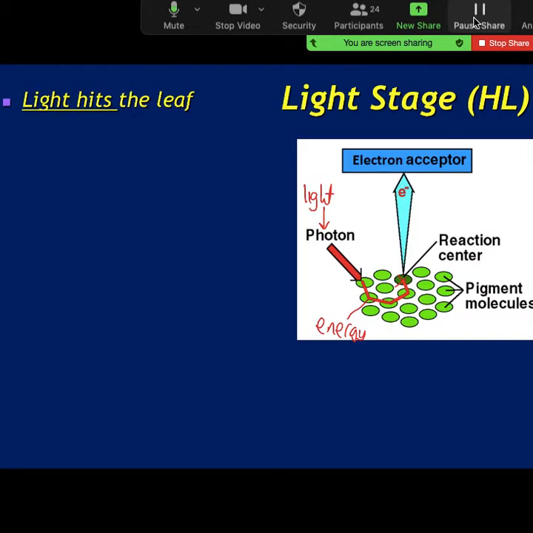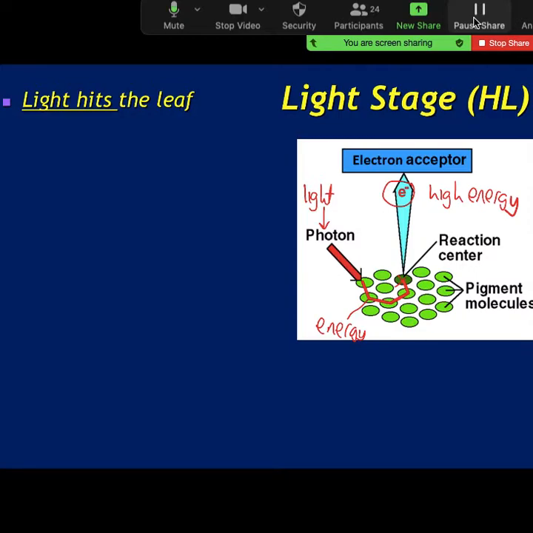This is representing a high energy electron. We've had those when we did respiration. It's all about high energy electrons, because we can use them in terms of NADPH, and we can also use them in terms of making ATP for ourselves.